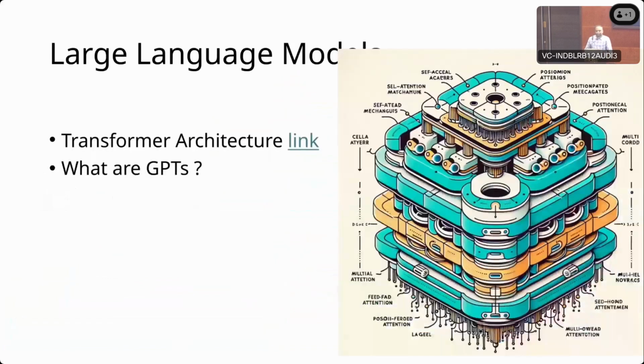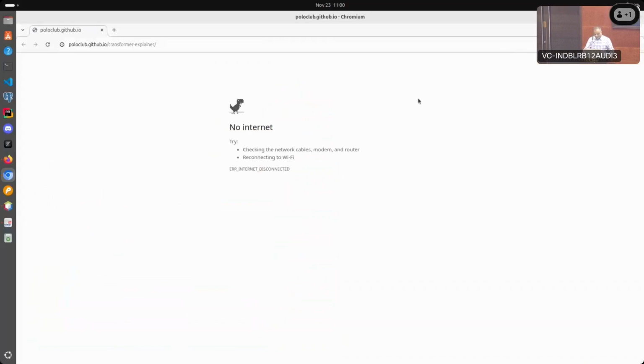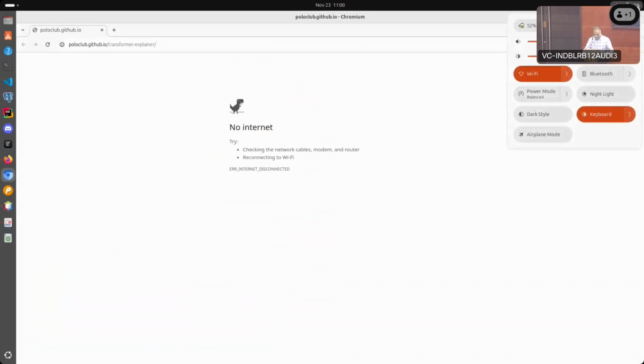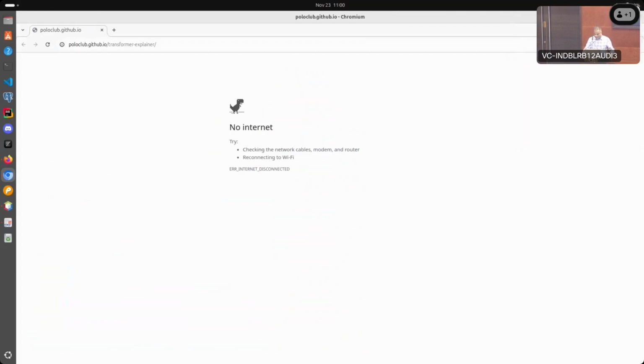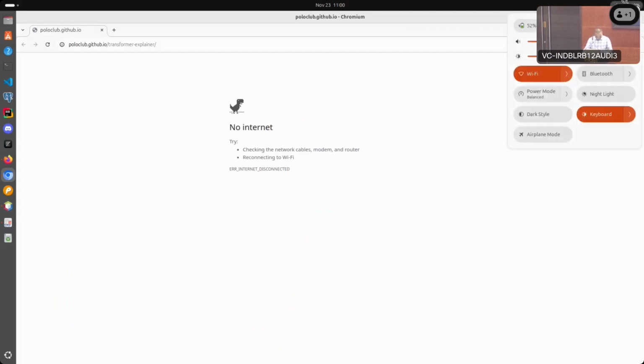Okay, moving forward. So I was talking about transformer architecture. I'm not going to get deep into it, but it would be interesting to understand. I don't have internet. Let me connect. Give me a second.